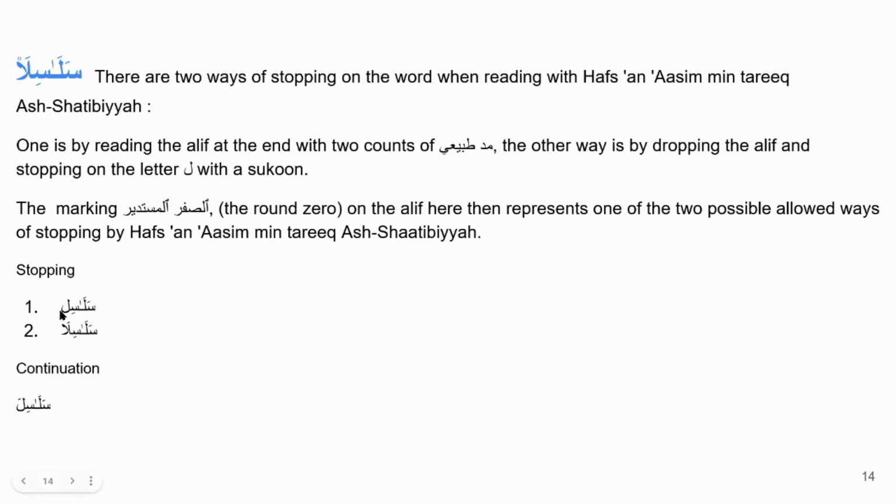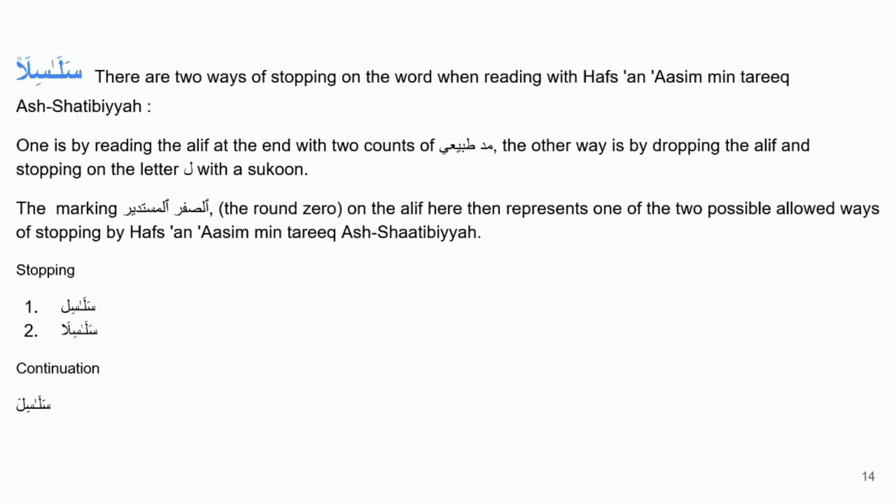So the first way is, if we are choosing to stop here, we can recite it like this, salasil. And the other way to stop here is salasila. And both of them are allowed in Hafs An Asim Tariq ash-Shatibiyya. But upon continuation, we will not recite alif mad and we will recite it like this, salasila.